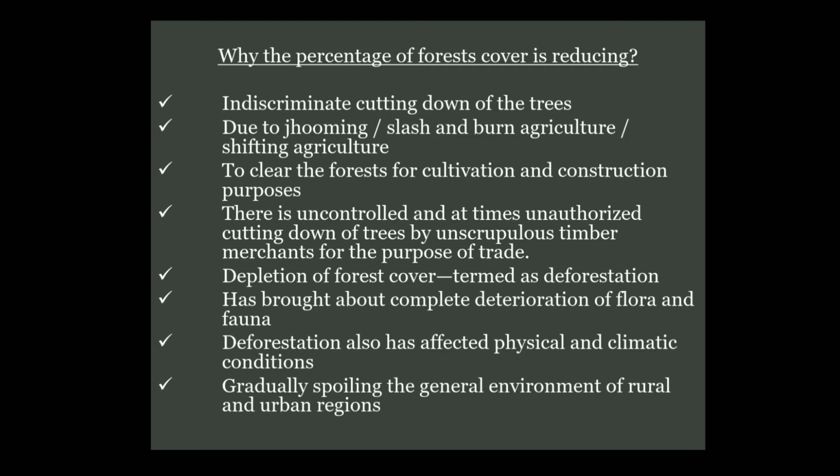Or, in other words, to clear the forest for cultivation and construction purposes. There is uncontrolled and at times unauthorized cutting down of trees by unscrupulous timber merchants for the purpose of trade. This depletion of forest cover is termed deforestation.